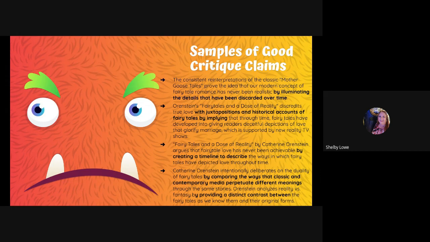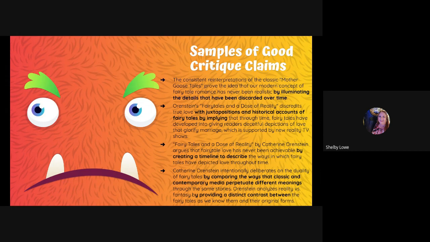So clearly this first critique claim is going to look at the specific details and how the author highlights these details that have been misinterpreted or changed over time, and how those changes have resulted in the misinterpretation of fairy tale romance.